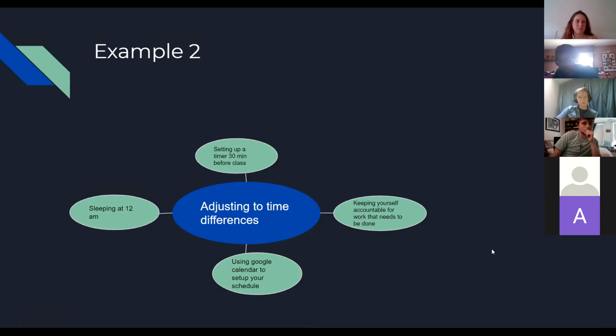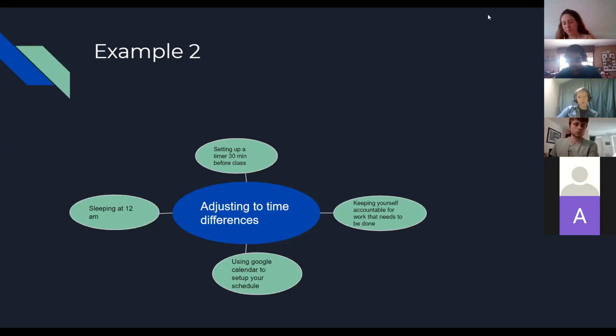You can try that out maybe when next semester starts or even starting today. So you can use your failures to improve your life by doing these mind maps. So choose one of your failures and make a mind map, and then after that you can share it to the Slack, and people can also pitch in and see if they can help you.